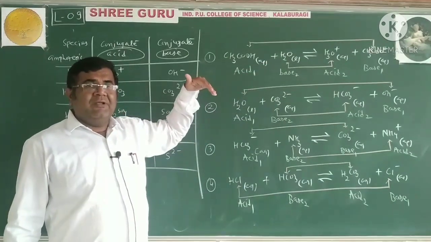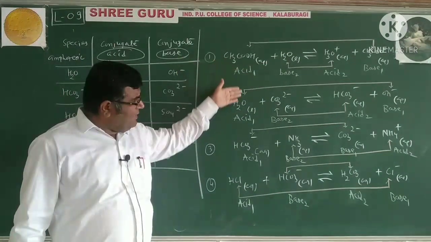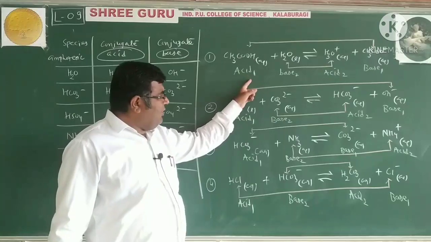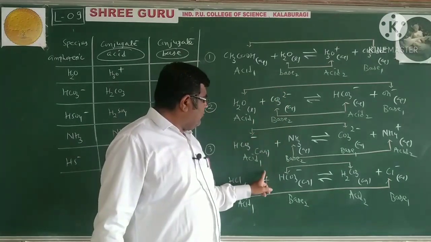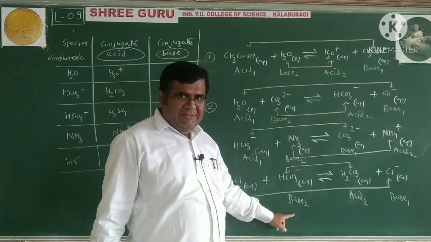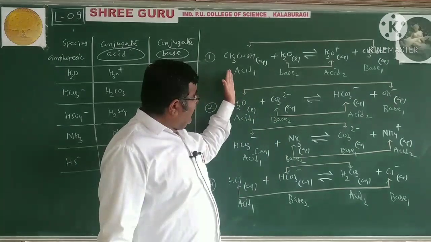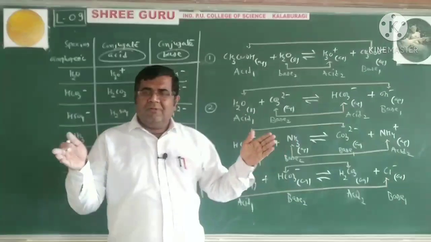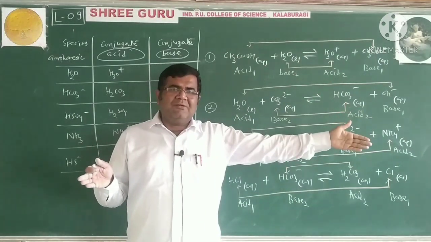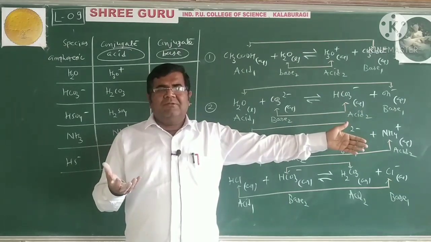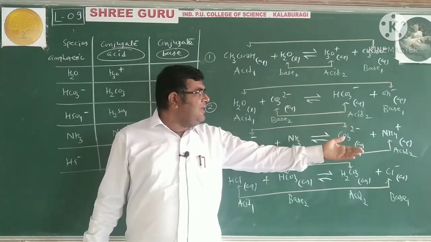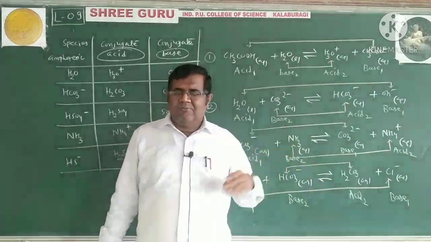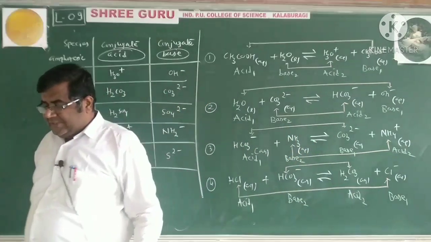In this way, both acid and bases cannot appear at the same site. 1, 2, 1, 2, like that. Because acid 1 gives base 1 and base 2 gives acid 2. In that way, all this sequence comes.